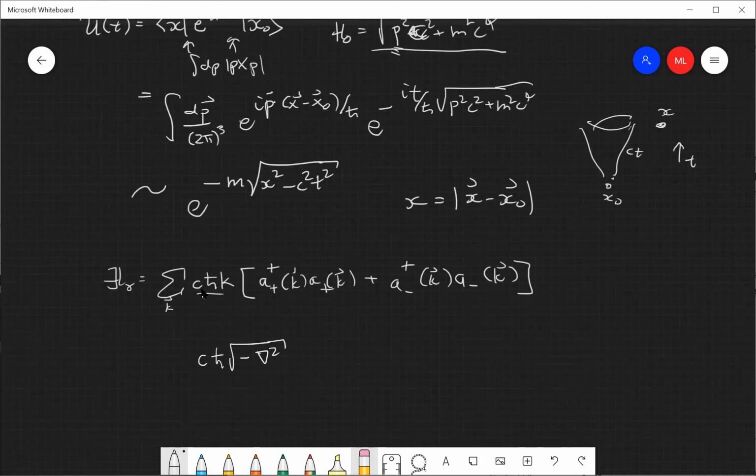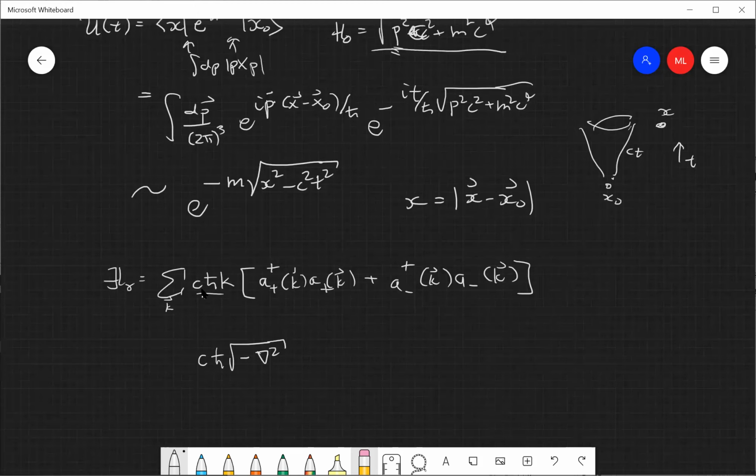That's very awkward. That's not a local term. That's not analytic. You can't express it in a clean way in terms of derivatives of fields, because there'd be an infinite number because of the square roots. It's very awkward. So you have to fix this. So that's one of the issues that comes up.